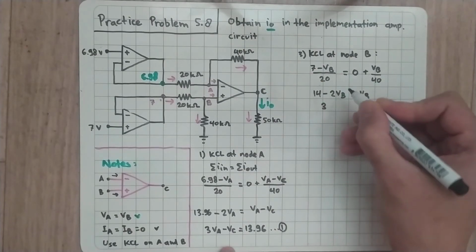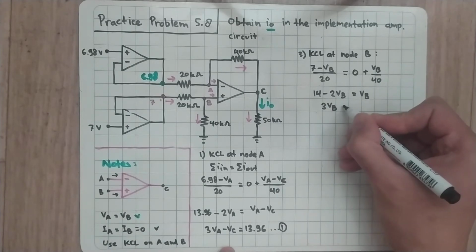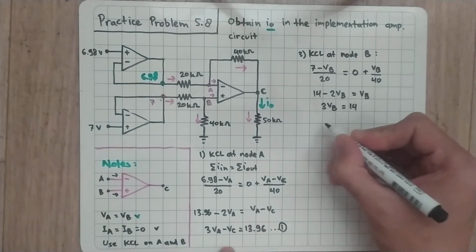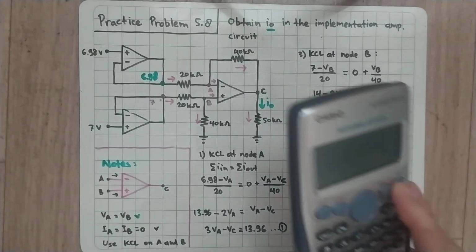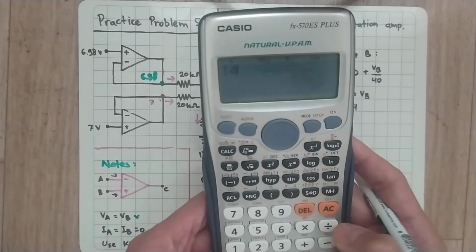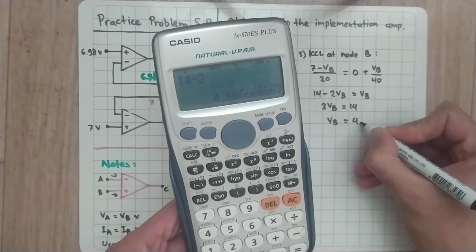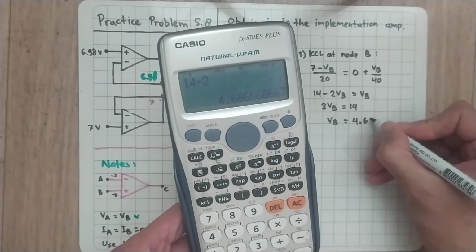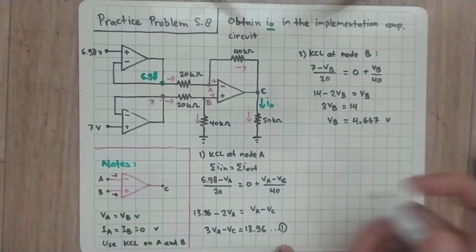So I will have 3VB will equal to 14, and then VB will be 14 divided by 3, that is 4.667 volt.